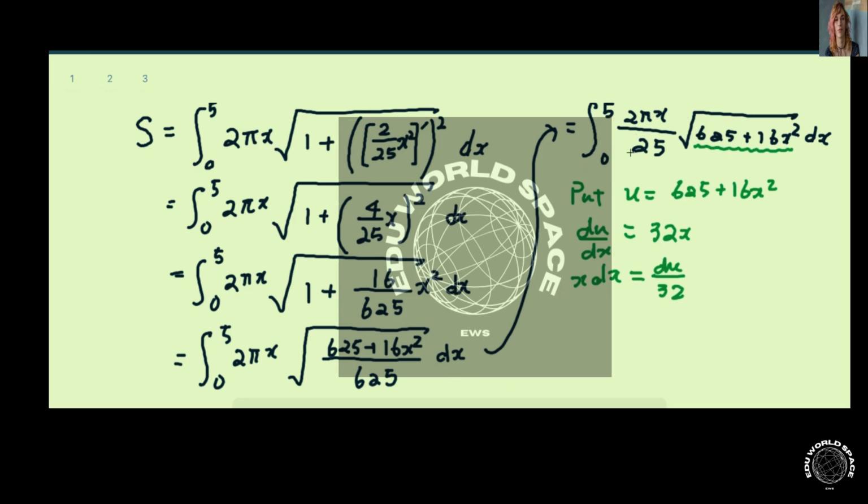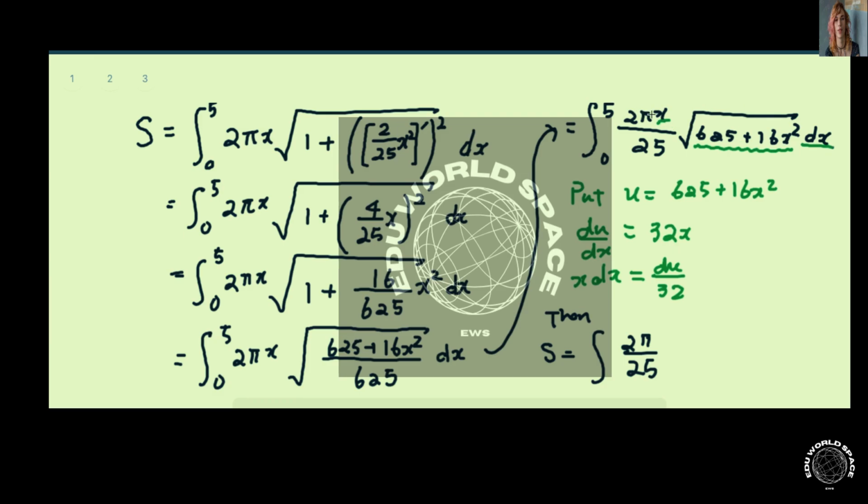Then we can rewrite this integral with the substitution with u. So S equals, let's worry about the bounds later. For now, I want to rewrite this with u, so 2 pi over 25. Now notice I have x here and dx here.